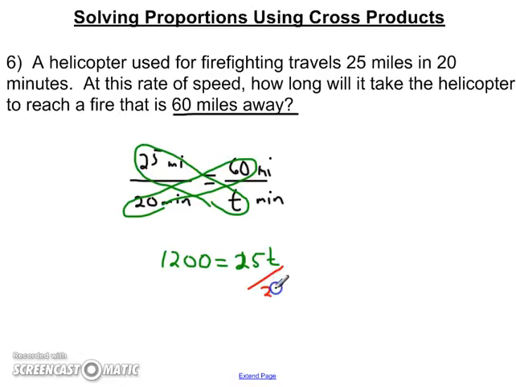Divide both sides by 25. Again, we're undoing multiplication with division. All we're figuring out here is how many times 25 goes into 1200. You can do this out longhand or in a calculator. 1200 divided by 25 is 48, and this is time, so it will be in minutes. So it should take 48 minutes for this helicopter to make the 60-mile journey.